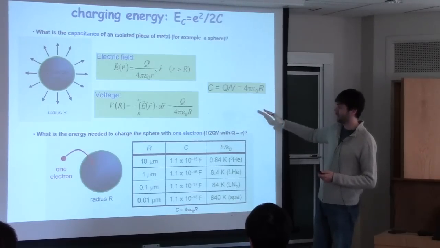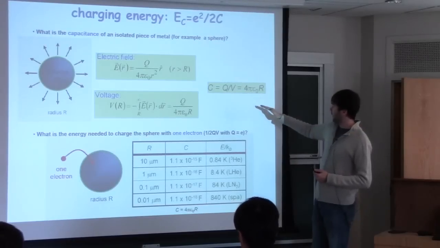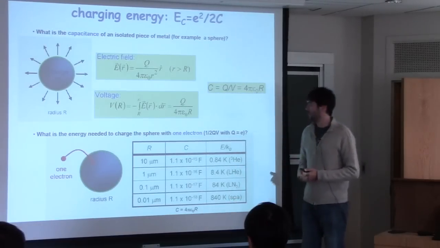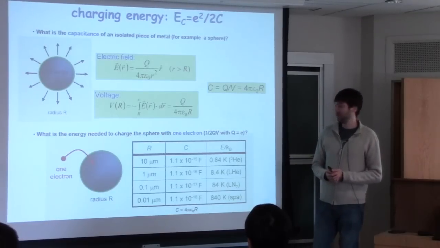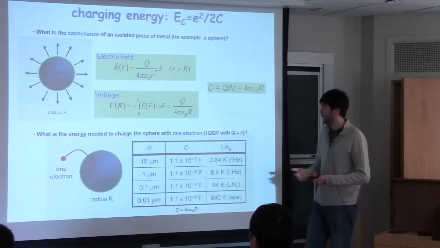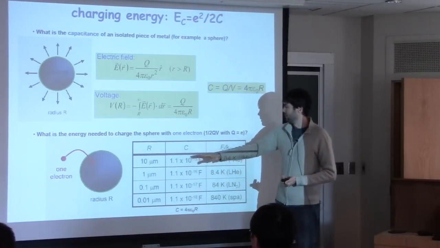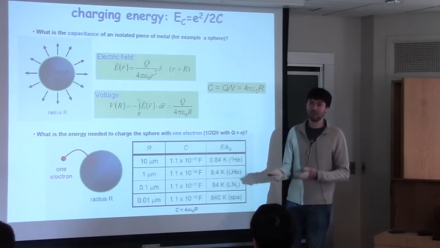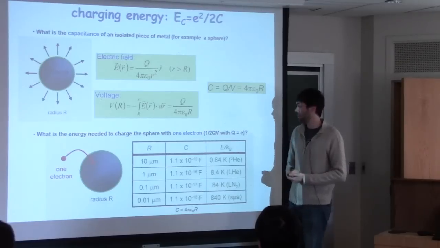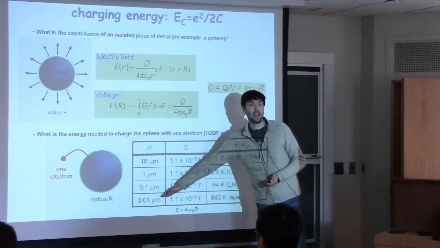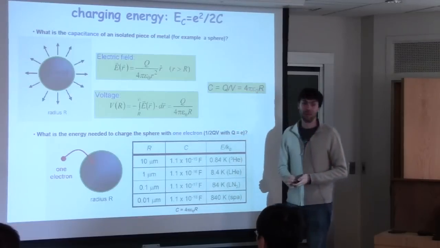What I want to draw attention to primarily is this table, where they have calculated the capacitances and energies for spheres of different sizes, ranging from a fairly large sphere for quantum transport and nanoscale, 10 microns, which is almost macroscopic, all the way down to 10 nanometers, 0.01 micron.